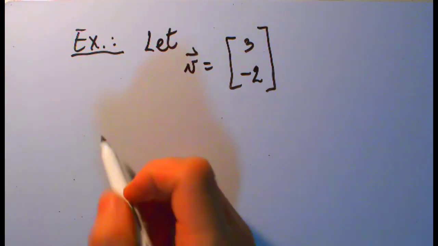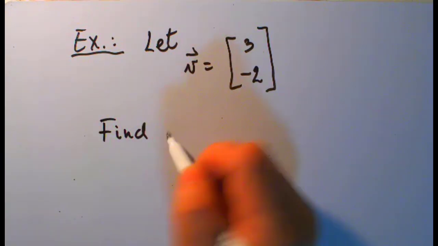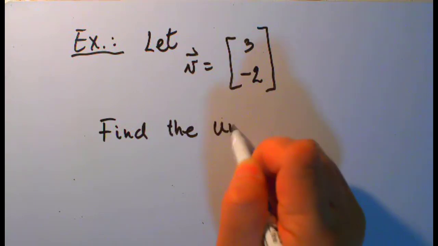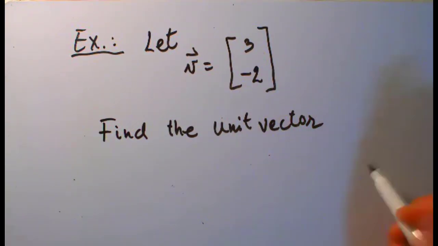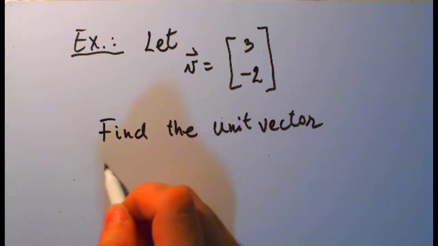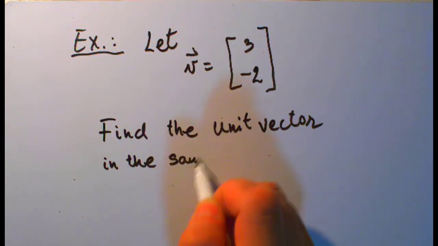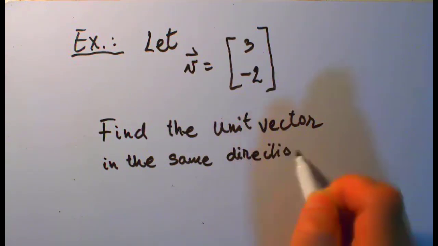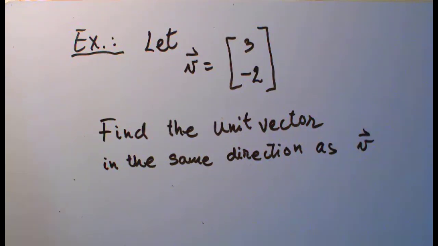But what I'm looking for now in this example is that we want to find the special unit vector in the same direction as v.